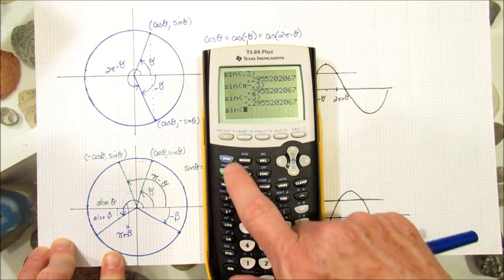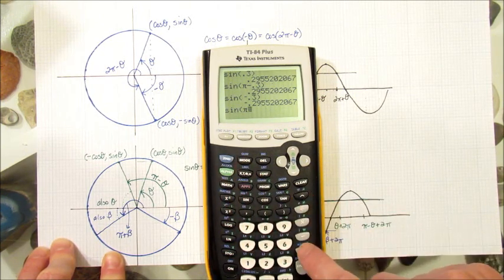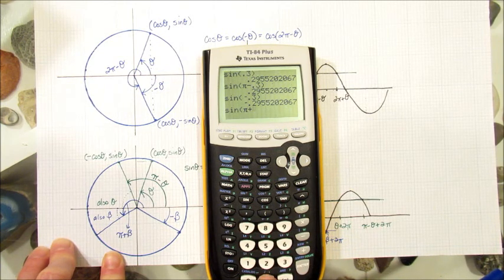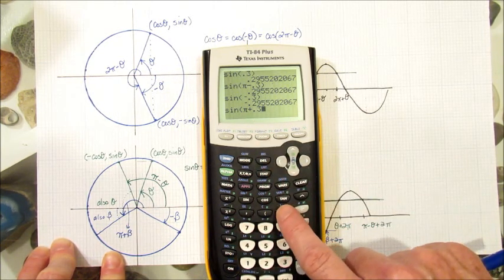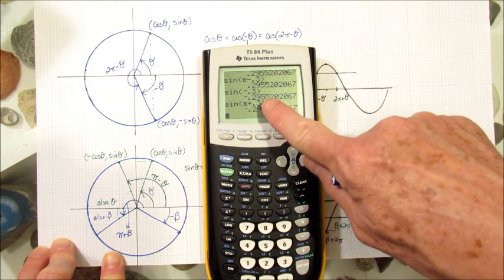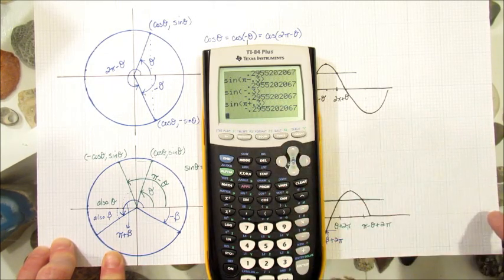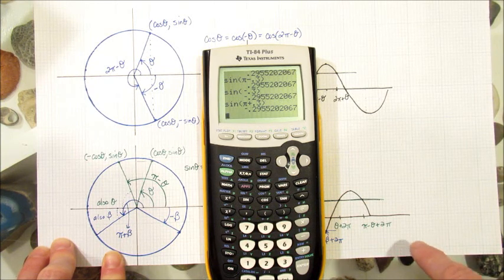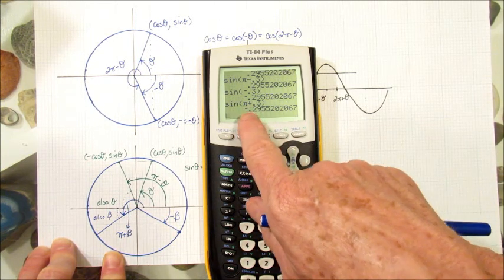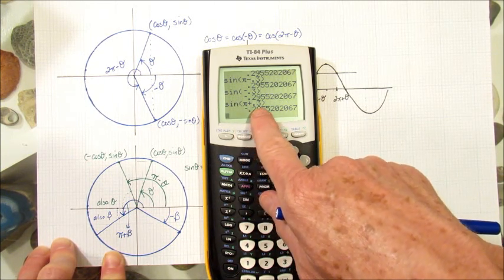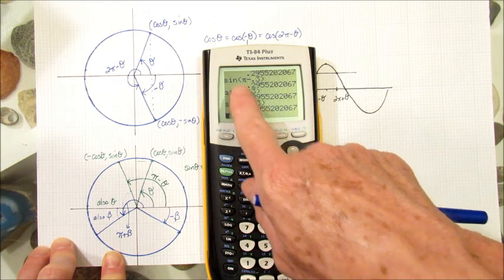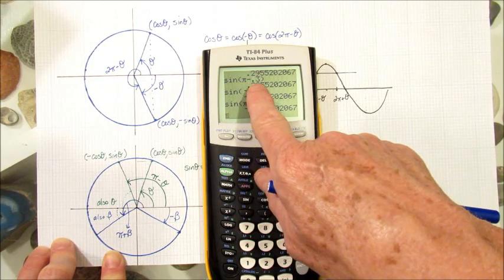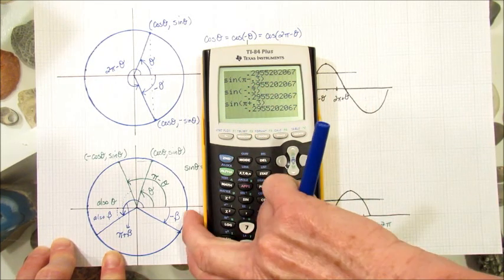If I take sine of pi plus 0.3, okay, notice I'm not adding negative 0.3, I'm adding 0.3, I get the same value, negative 0.2955. So if the angle's negative, it's pi plus the magnitude or the size of the angle. If the angle's positive, then you're going to use pi minus the angle to get the second solution.